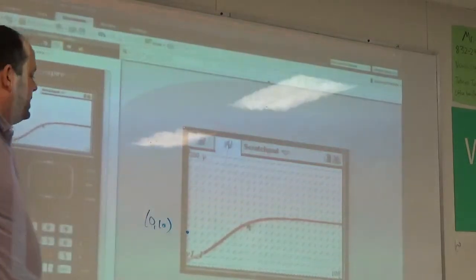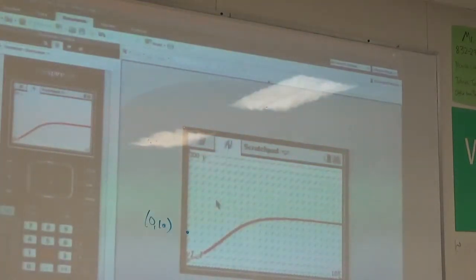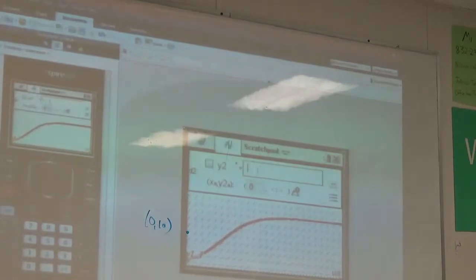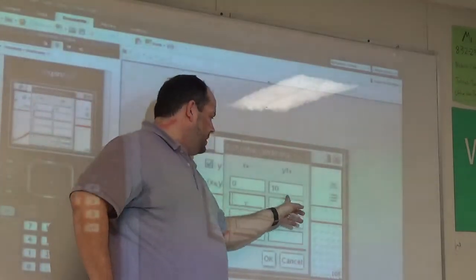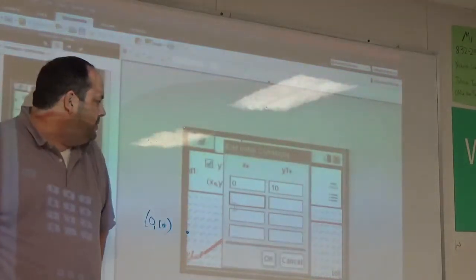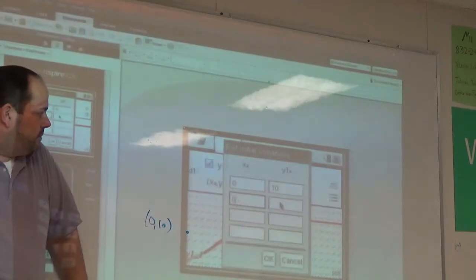If you go back and adjust, hit tab and arrow up, change your initial condition from 0, 10 to 0, 200, and now hit enter.